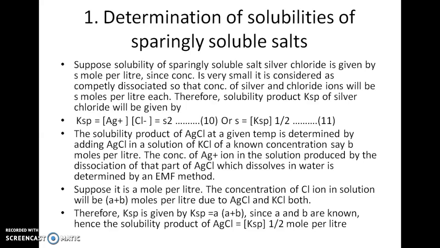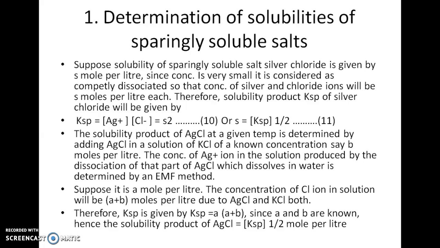Therefore, the solubility product Ksp of silver chloride will be given by Ksp equal to the active mass of Ag+ and the active mass of Cl-, which will be taken as S, so it will be S square. Therefore, S will be the square root of Ksp.